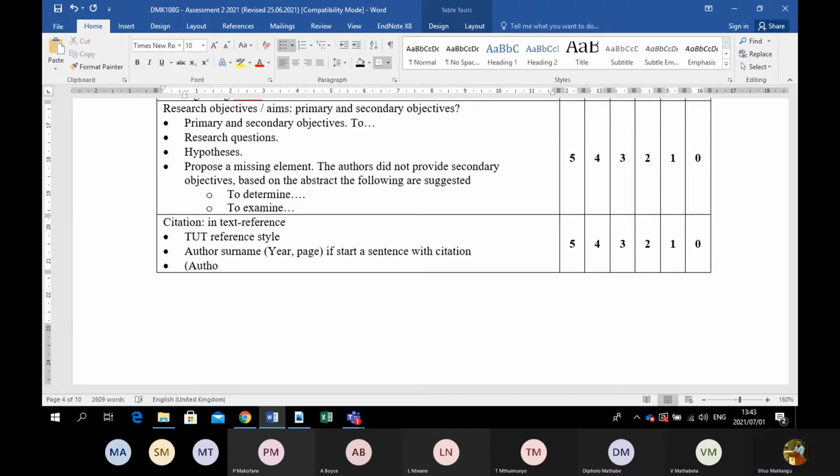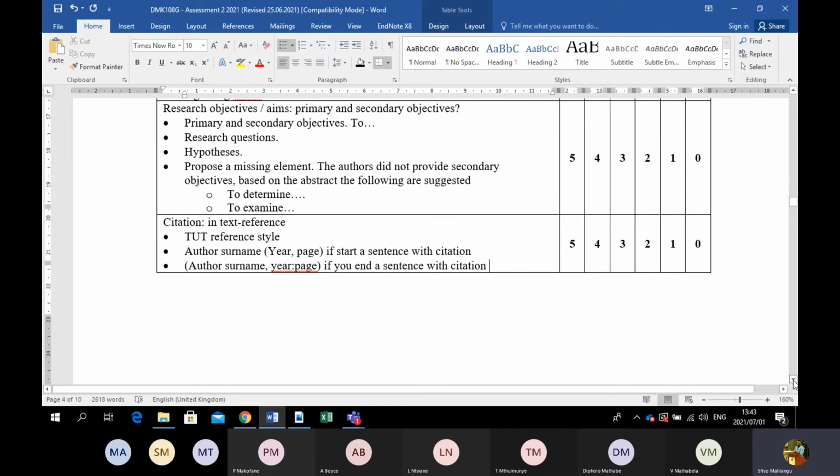So you should show that you are able to understand the guidelines as well. Author's name, comma, and then there is the year, and then there is the page. If you end a sentence, that is part of the guidelines.